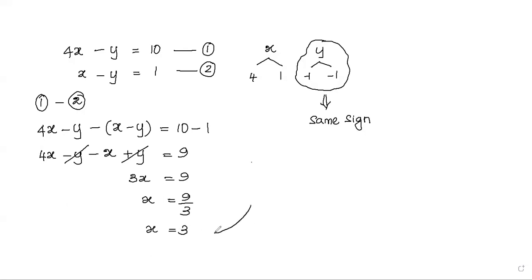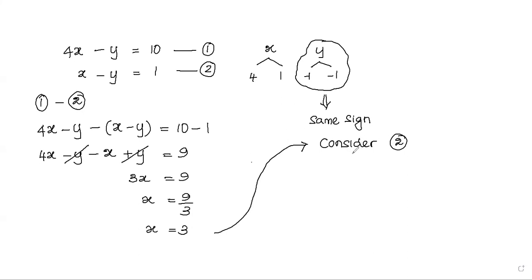Now when you know the x value, what do you do? You substitute this value, x is equal to 3, into an equation. Let's say here I take equation 2 this time. Again, there's no hard and fast rule that you must substitute the x value into equation 1 or 2. You can select any one.